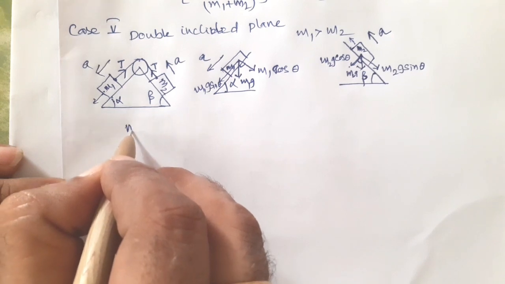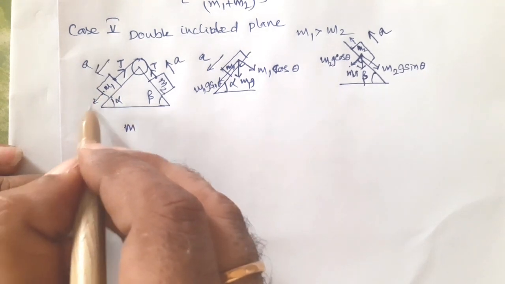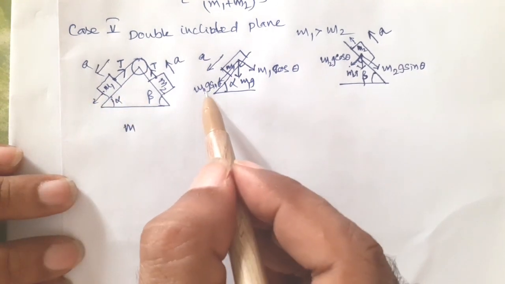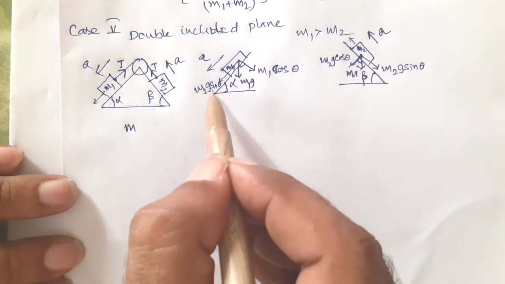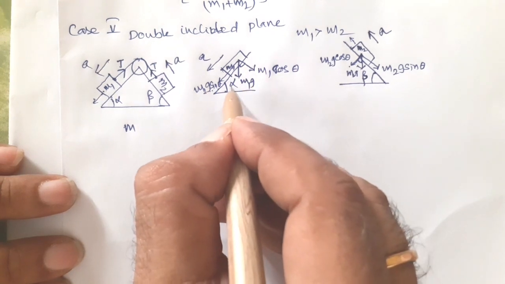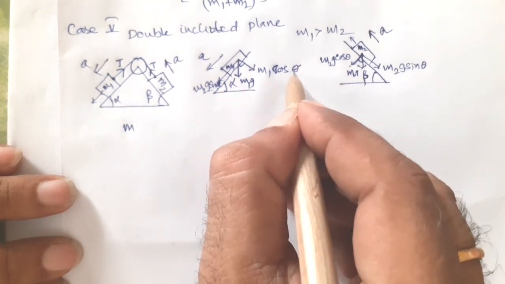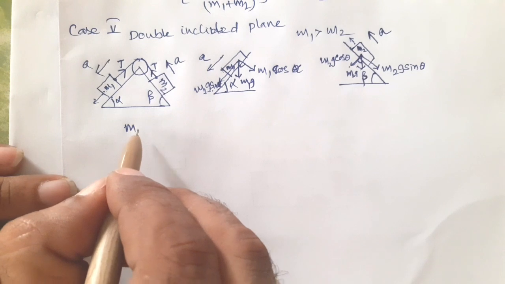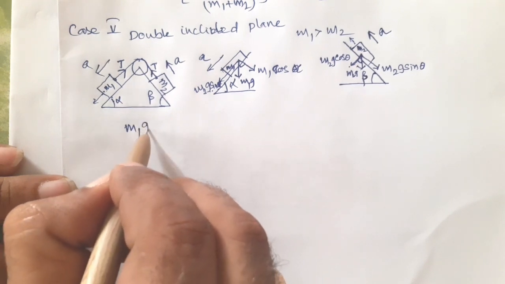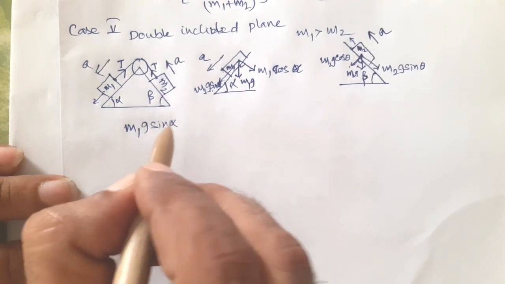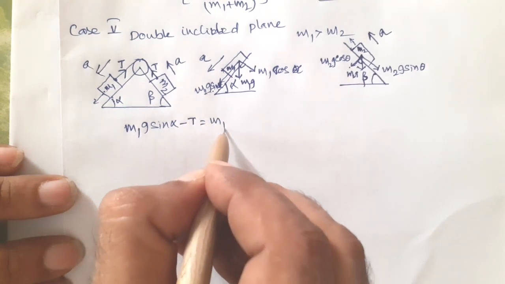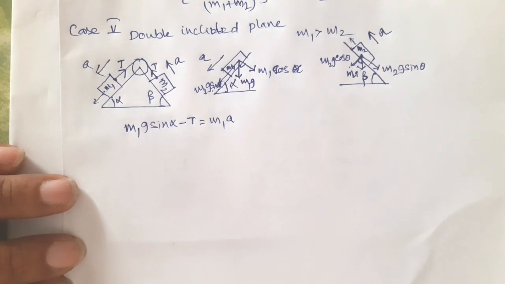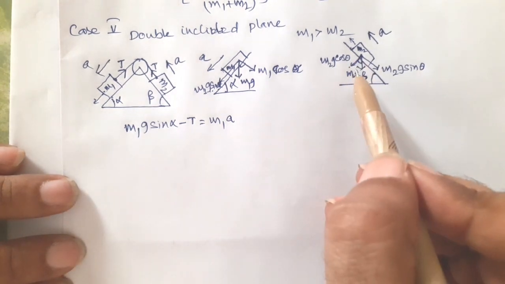Therefore, you can write this component of the weight is equal to m1g sin alpha. That is nothing but m1g sin alpha minus T is equal to m1a.